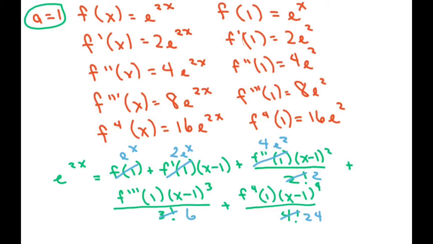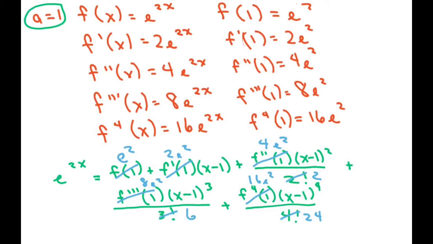Okay, so basically this should just be e squared here. I should have noticed that. All right, let's fix it. So this is just e squared. This one is 2e squared. This one is 4e squared. This one's 8e squared. And this one is going to be 16e squared.